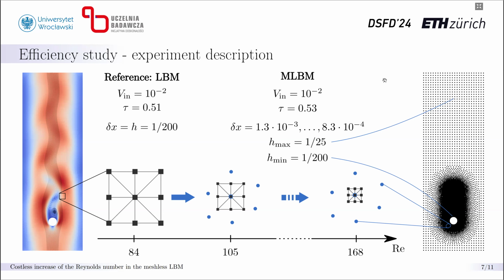Inlet velocity was chosen to be the same as in the reference LBM setup. However, due to numerical instabilities, we needed to increase the viscosity a little bit. And the Reynolds number scaling was, of course, achieved by decreasing the value of the streaming distance.